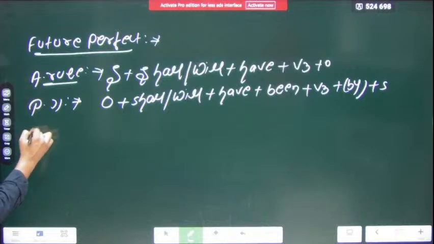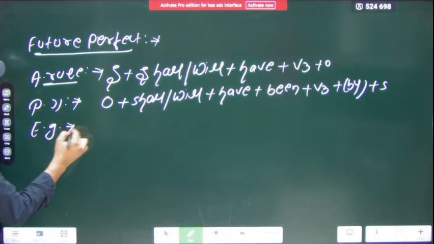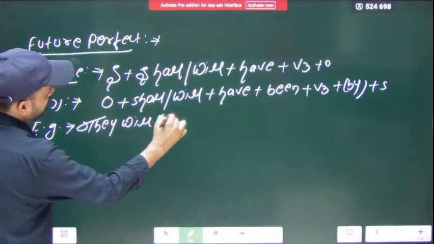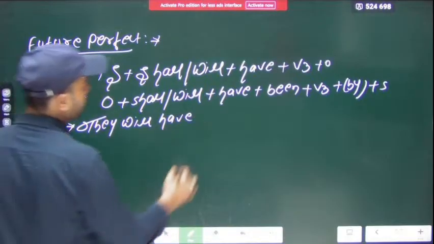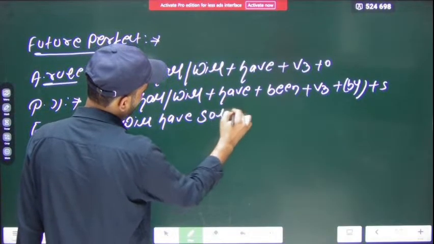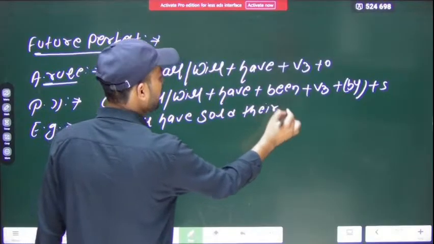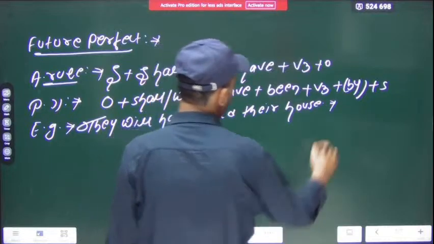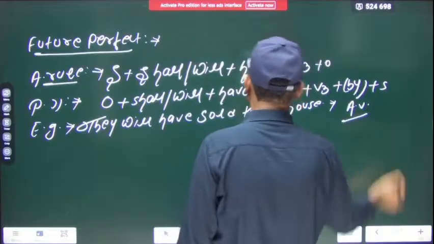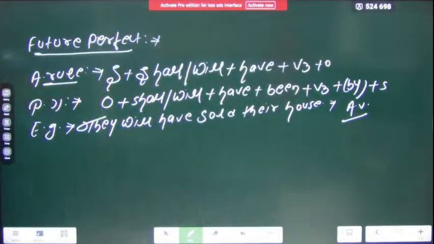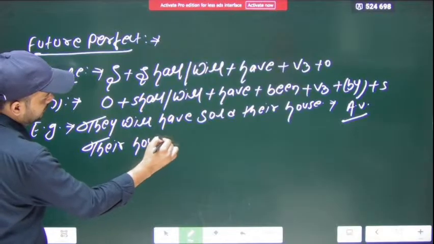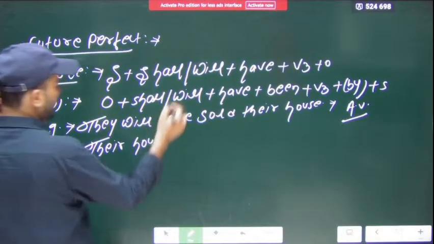See one example. They will have sold their house. This is what? Active voice. If I make the passive, we will write the object first. What is the object here? Their house. House is a noun, for that we will use will.